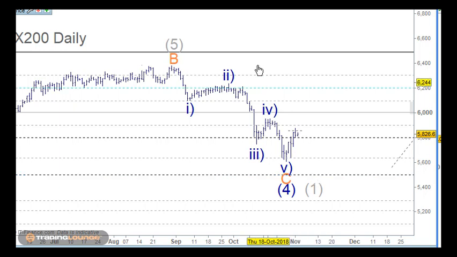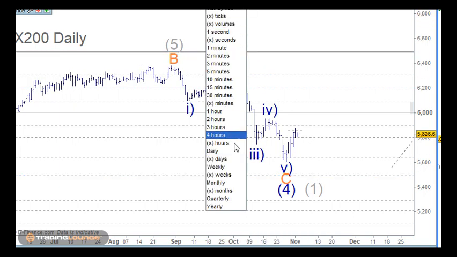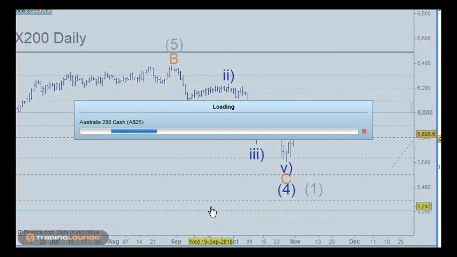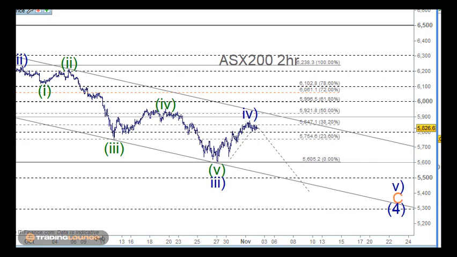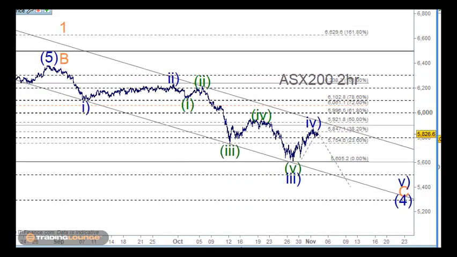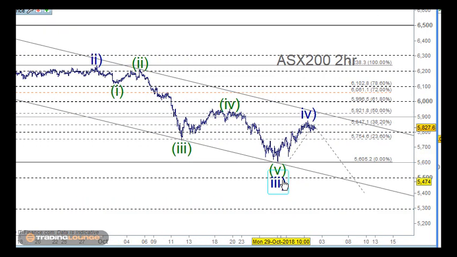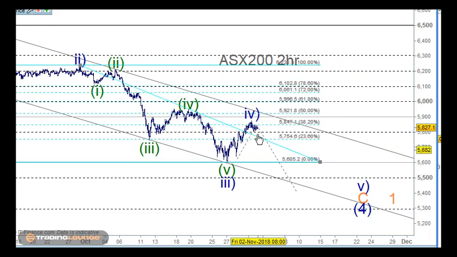So if I just go to the 2-hour chart here to look at this, this is how it looks here. If I just squash this up a little bit. So we've got 1 and 2 here, and 1 and 2 and 3 and 4 and 5 here, and wave 4 here, and then wave 5 to the downside. The 38.2% retracement level is where it is now.